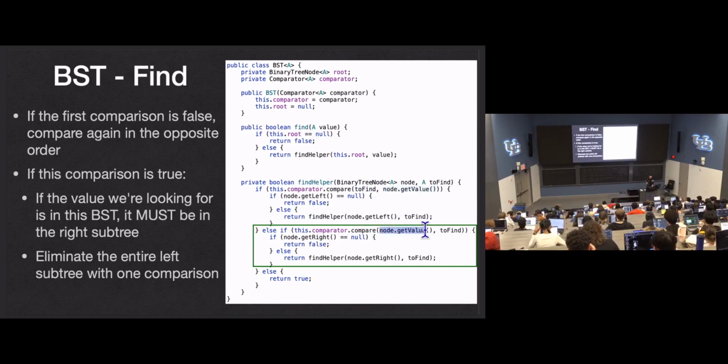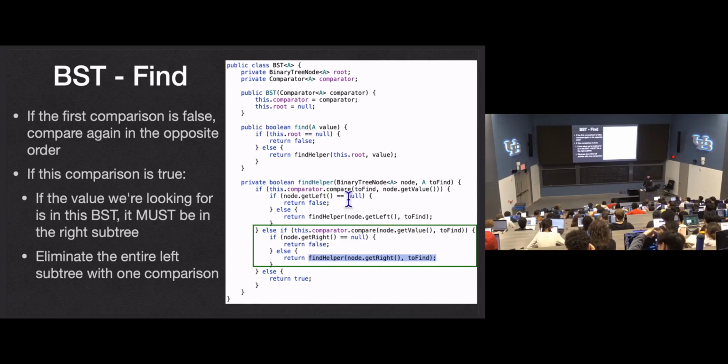No. Well, does the value of this node come strictly before the value I'm looking for? If this returns true, then we're thinking right, because the value at this node comes strictly before the value I'm looking for. That means they're not equal, and we're going to look to the right. If we look to the right and find nothing, return false. If we look to the right and find something, recurse, move over to the right, and continue the search.